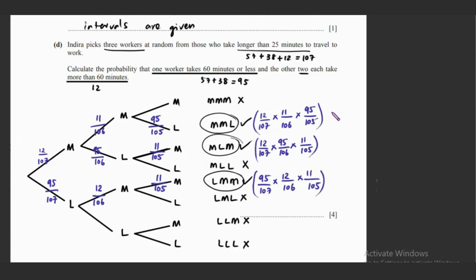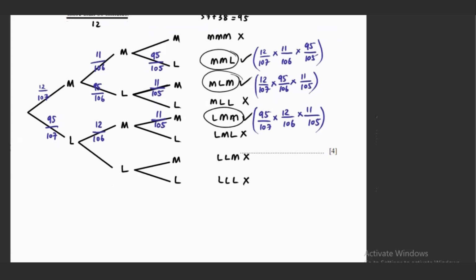Now we need to find what these values are and add them together. Now in this question, if we are to check the way how it's given here, the denominators of all three fractions are the same, 107 times 106 times 105. And the numerators, if we check, it's still the same, 12, 11, and 95, but the arrangement is different.